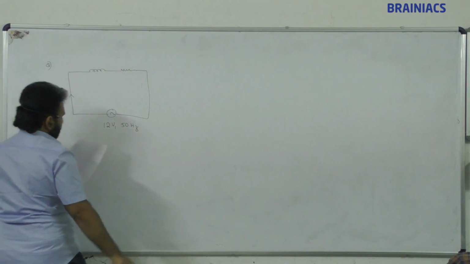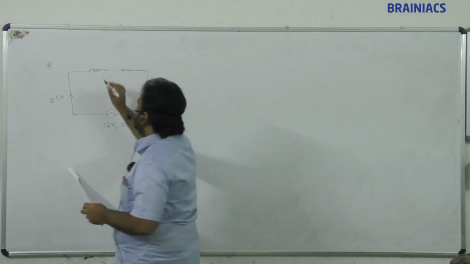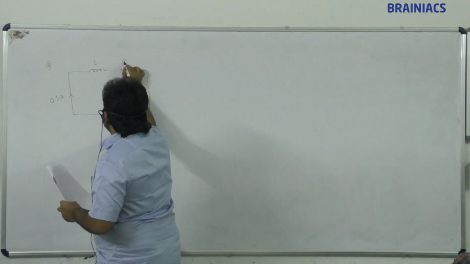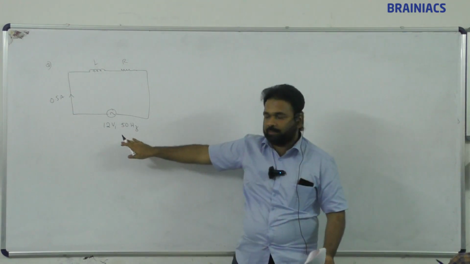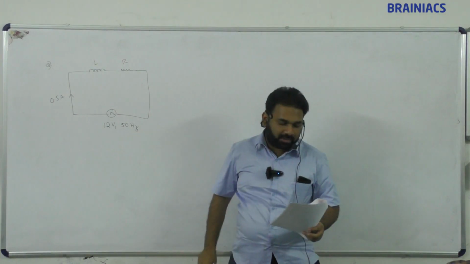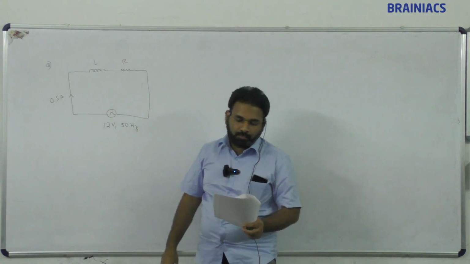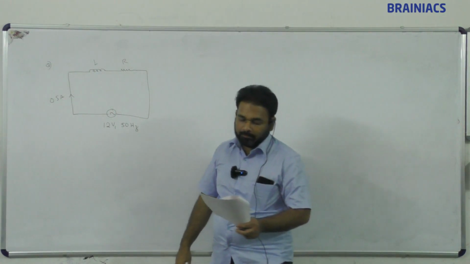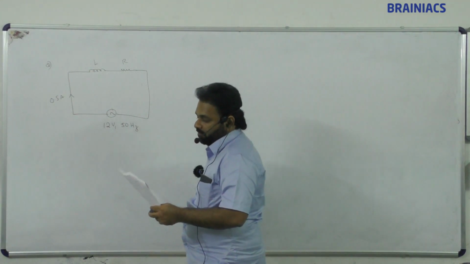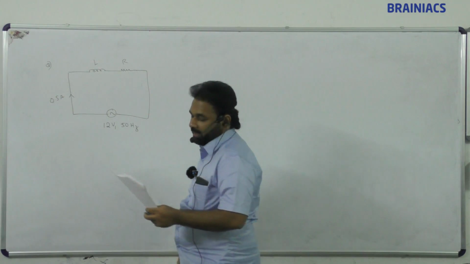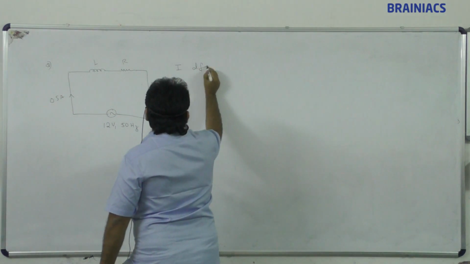Okay, an inductor and a resistance are connected in series to a source of 12 volt supply with a 50 hertz frequency, and a current of 0.5 ampere is flowing. The current differs in phase from the applied voltage by pi by 3.